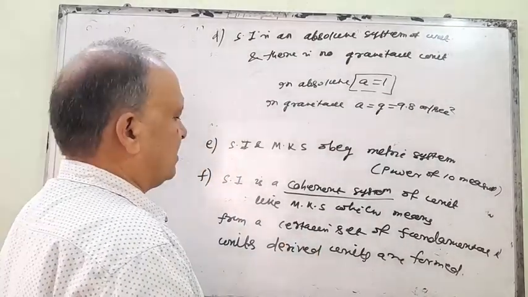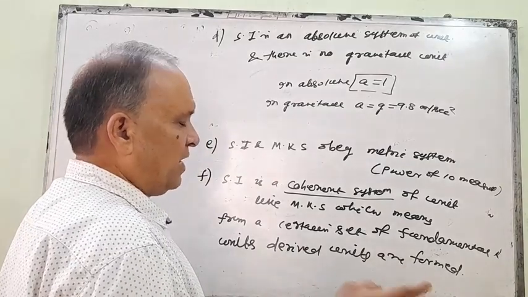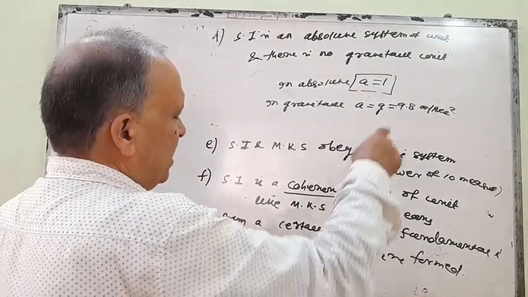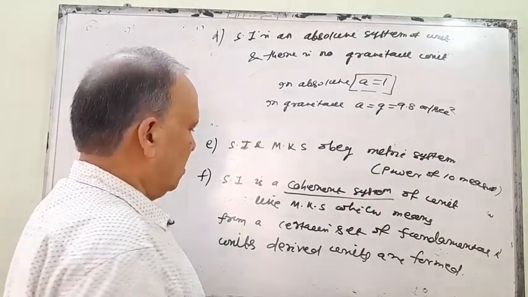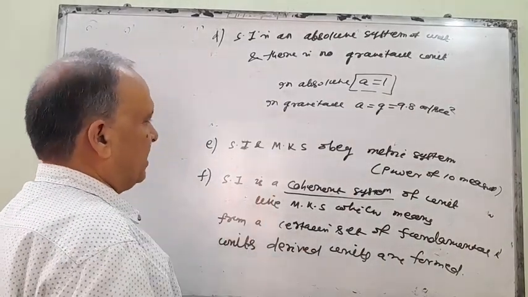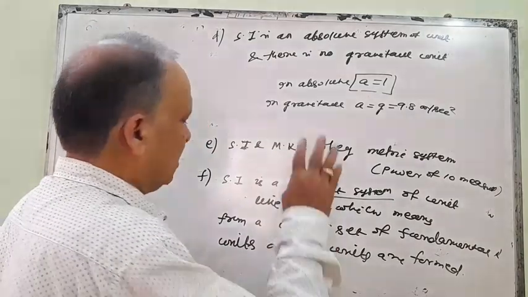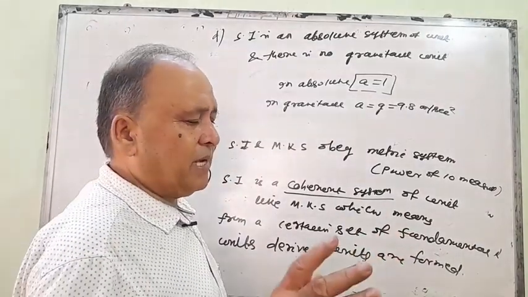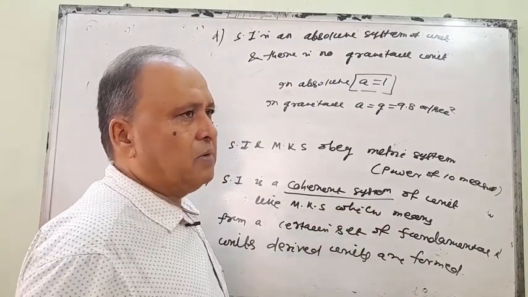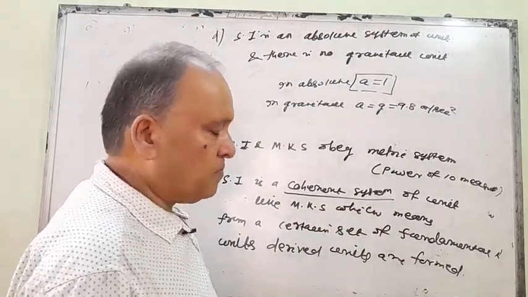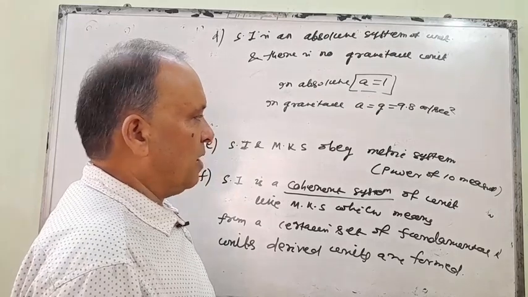Suppose you say mass, kg, length, meter, time, second. When you divide meter by second, you get your speed. It is also found in MKS and SI. So the difference between MKS and SI is, in MKS there are 7 fundamental units, but in SI there are 9. There are 2 additional fundamental units.